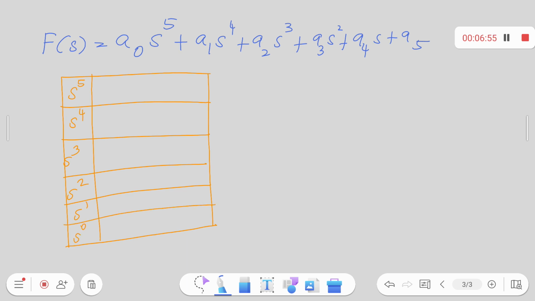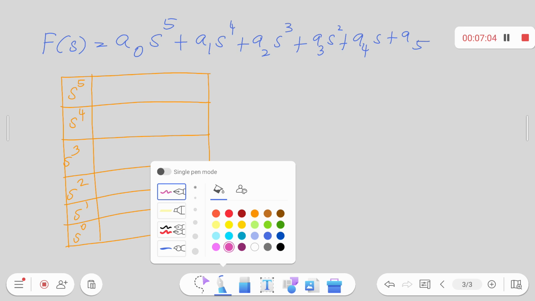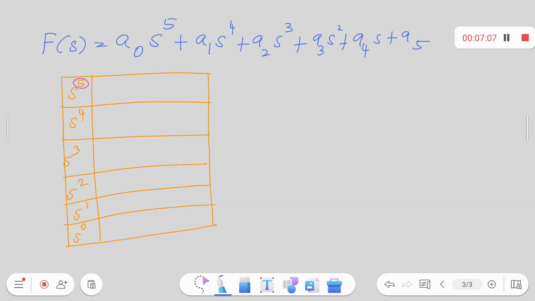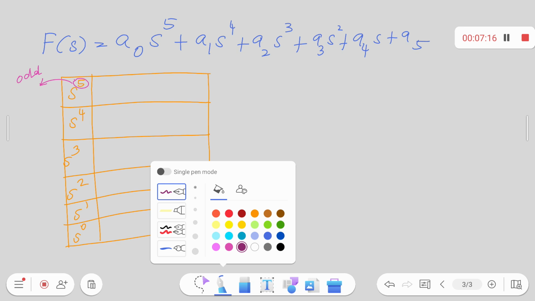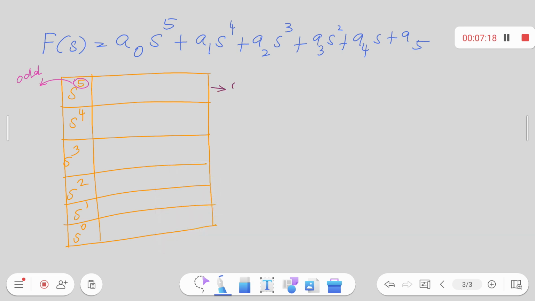Then we have to see the highest power of s. It is an odd number, 5 is an odd number. So first I should fill the odd power of s coefficients here. Then I should fill the even power of s coefficients.